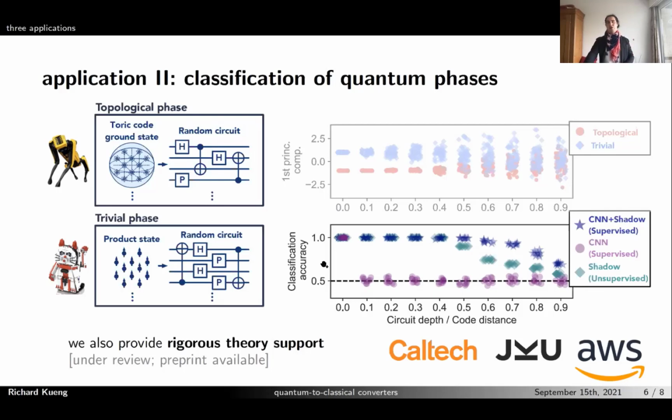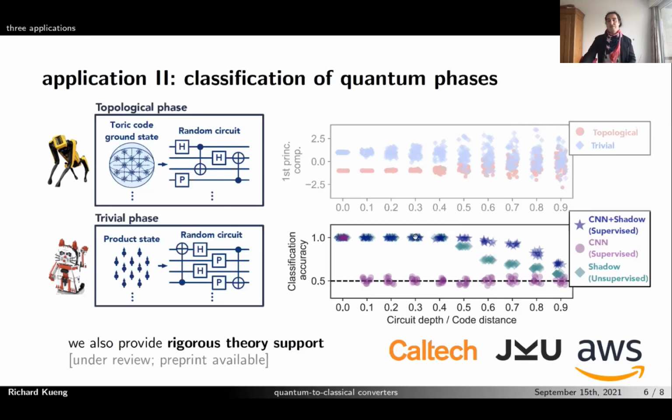And again, our trademark sigil is that we also provide rigorous theory support that mathematically proves that this type of curve has to occur under reasonable assumptions. So it's not black box magic of convolutional neural networks that's going on here. We actually really understand what's going on.